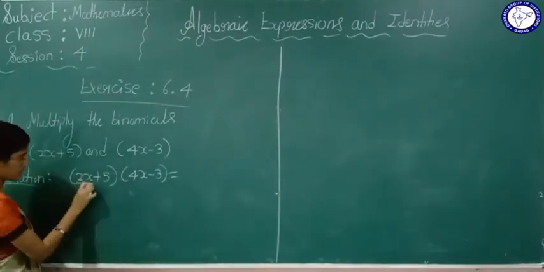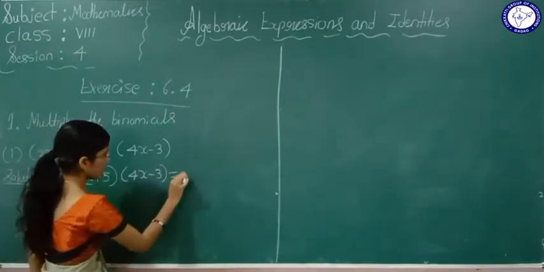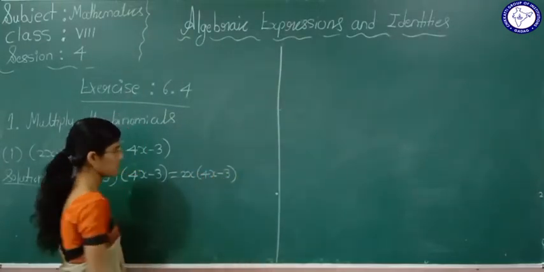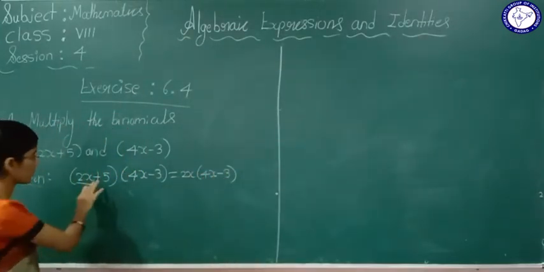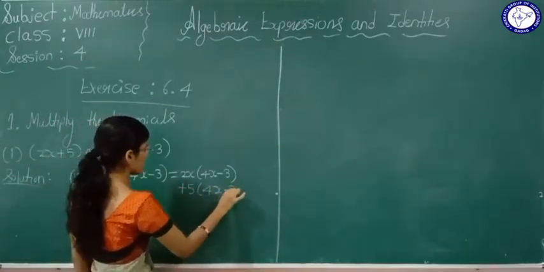Multiply each term of this binomial with every term of the another binomial, that is 2x multiplied by 4x minus 3, okay, plus 5 multiplied by 4x minus 3.